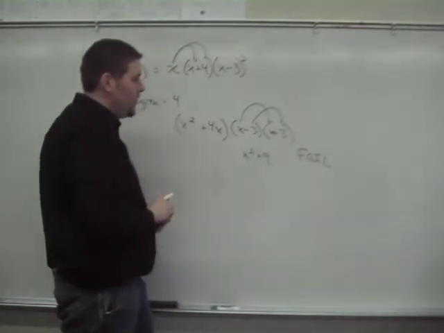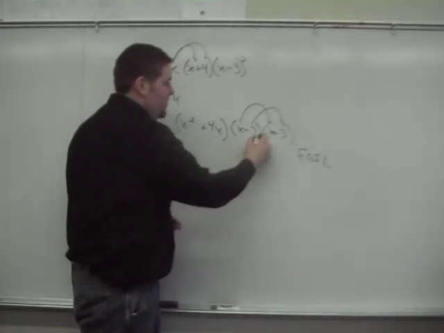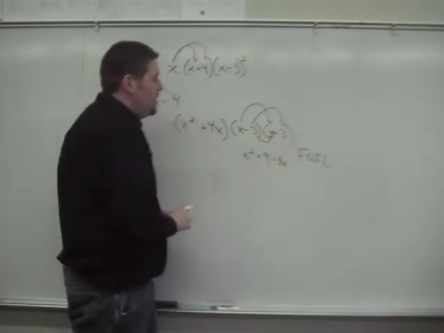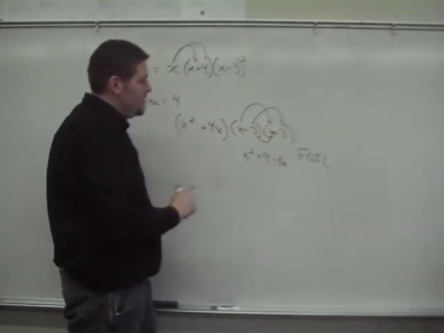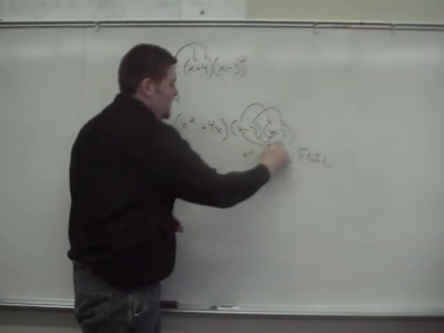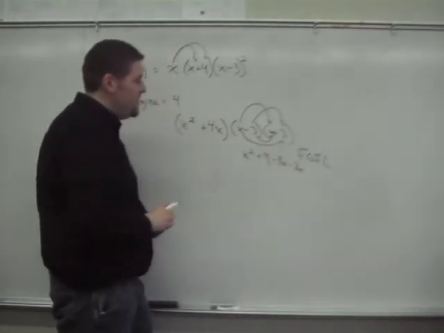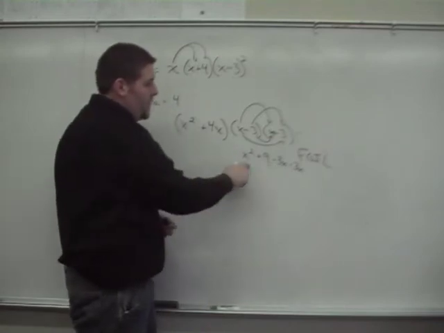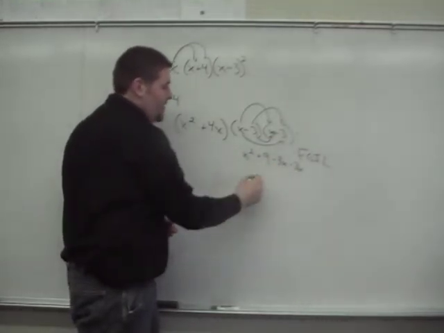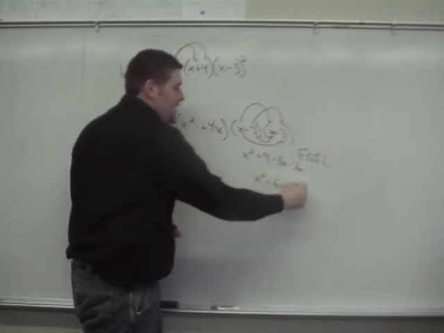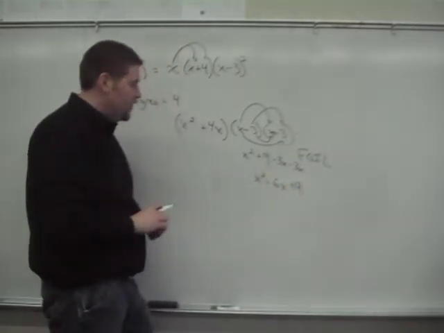Then we're going to our inner terms, that's our minus 3x. And then we go to our last terms. X times a negative 3 is another minus 3x. And then we'll put this into standard polynomial expression. X squared, we have a minus 3x and a minus 3x. This is x squared minus 6x. And then put the plus 9 on the end. That's in standard polynomial form.